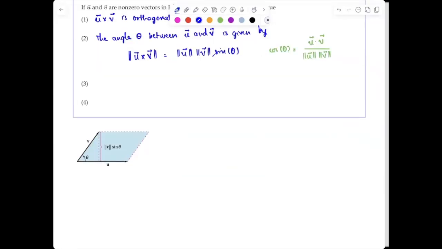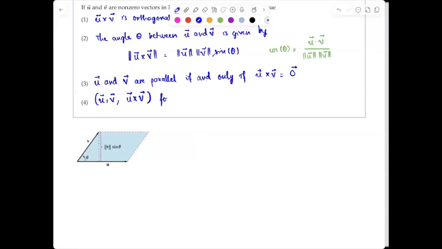Now, in the case that the two vectors are parallel to one another, u and v are parallel if and only if u cross v gives you the 0 vector. And one last property is that u, v, and u cross v form a right-hand rule.